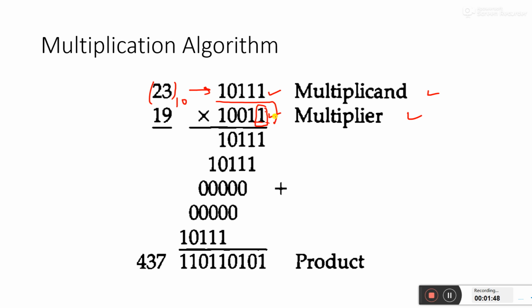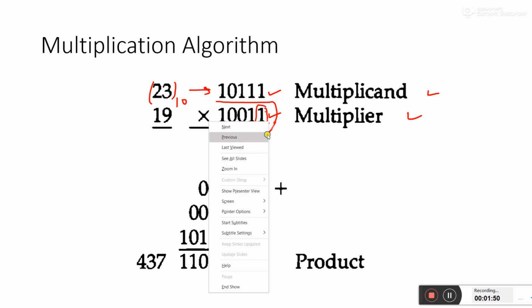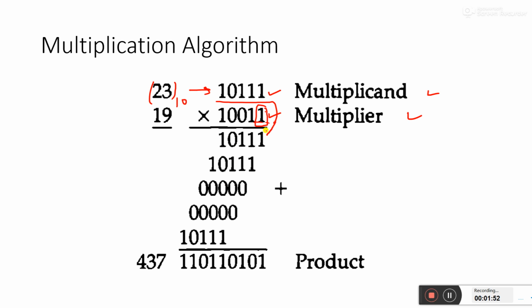Whenever there is a 0, there is a shift in the number, and again whenever there is a 1, the same number is copied as it is. When there is a 0, only zeros must be copied here.